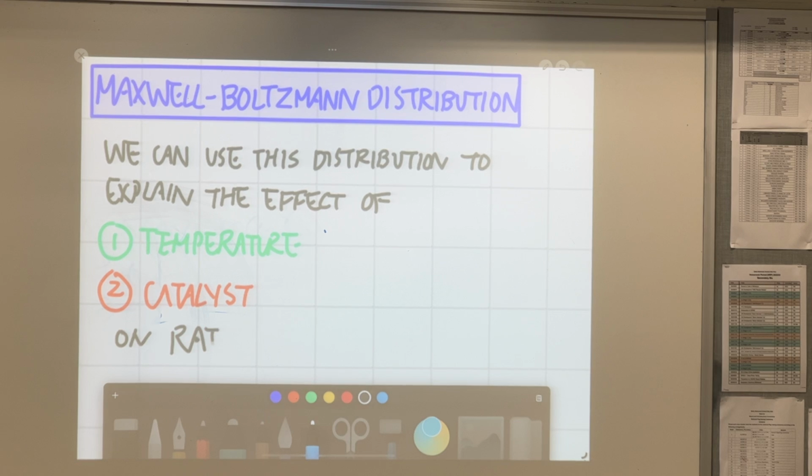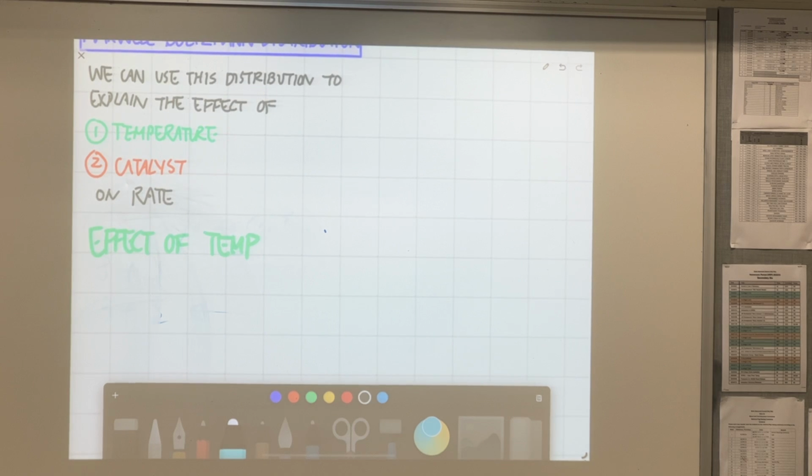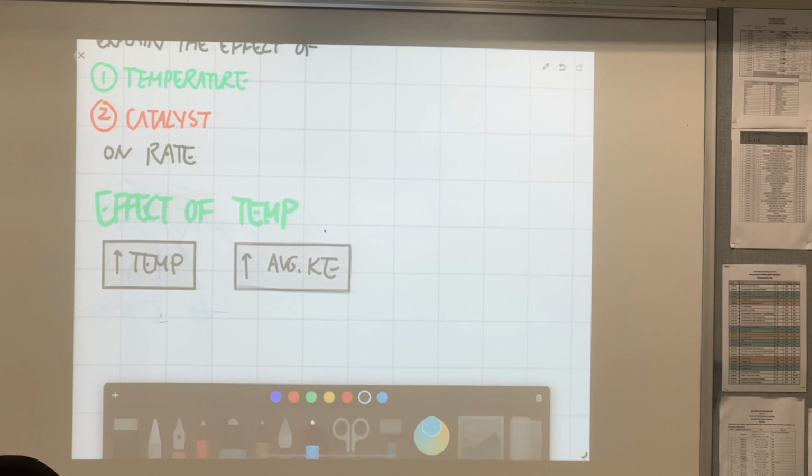So first, let's begin with the effect of temperature. So how does temperature affect average kinetic energy? It increases. Okay, so that's the first thing we want you all to put down. So the effect of temperature. So you can jot down these points first. Increasing temperature will increase the average kinetic energy of particles.